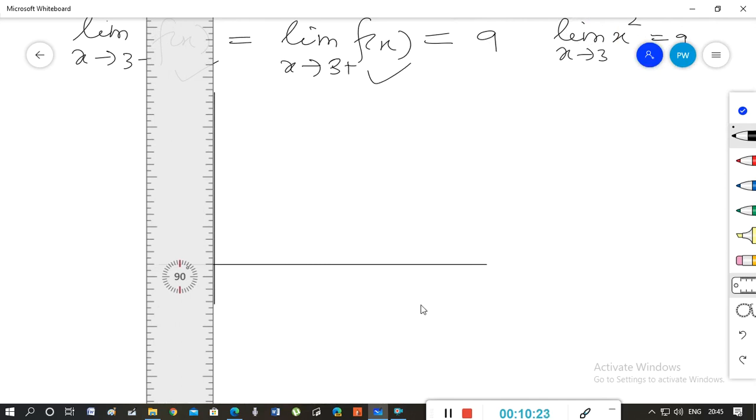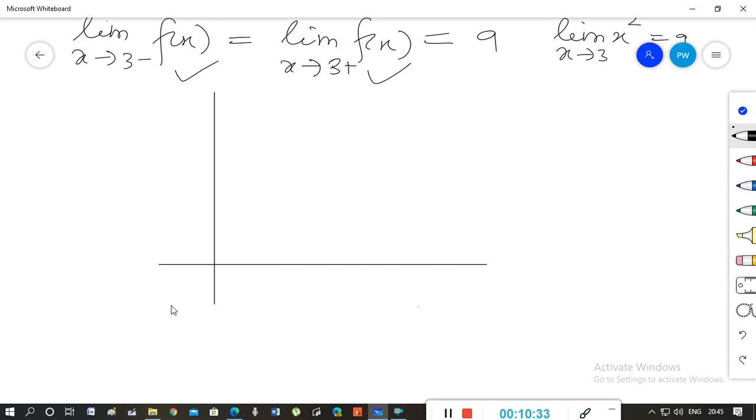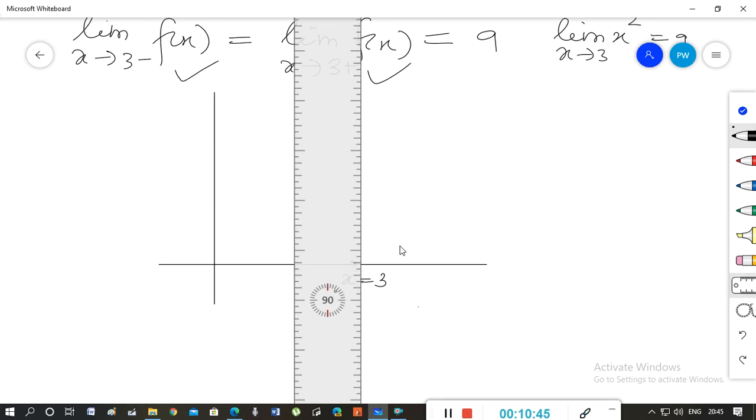Now again, I choose the function which will have different definitions around the particular value. So let's take the value x is equal to 3 again over here. To the left of 3 I use some definition, and to the right of 3 I use some other definition.